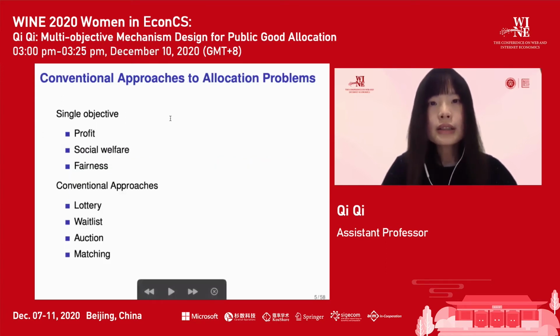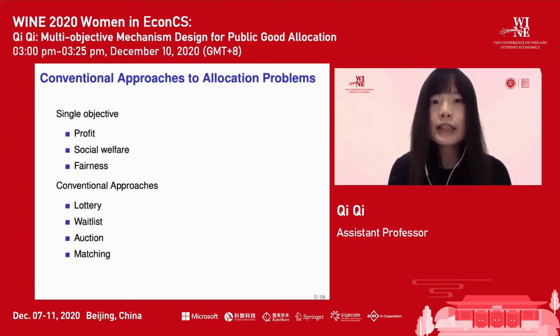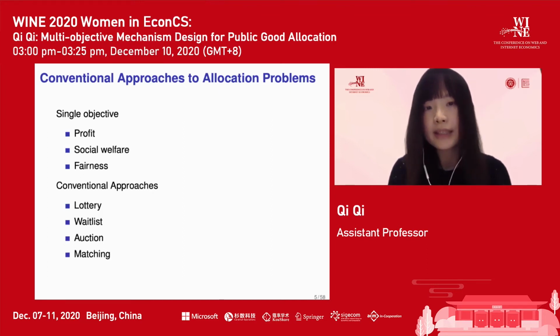In conventional mechanism design for selling goods, we usually only consider a single objective, right? It's either to maximize profit, which we usually call optimal auction design, maximizing revenue, or sometimes we want to maximize social welfare, so we can use the VCG mechanism.